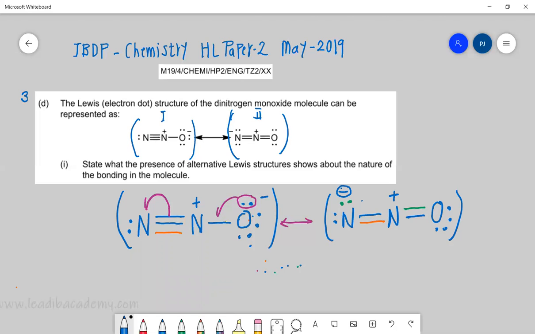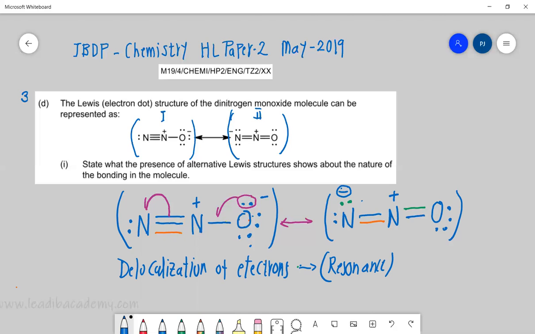Okay, so basically there is a delocalization of electrons, and that concept we call resonance. Now if we have been asked, okay, let's number this.